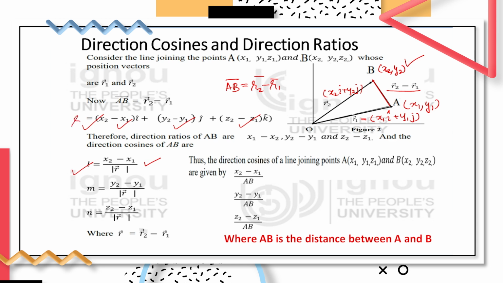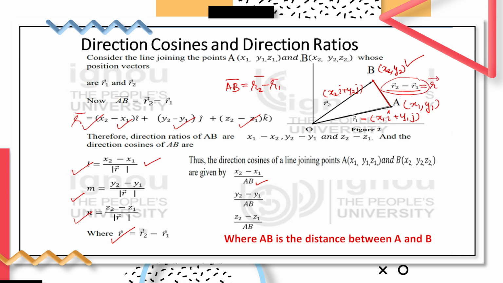What is magnitude of r? That is magnitude of AB. So, x2 minus x1 upon magnitude of r is equal to direction cosine L. Similarly, m is equal to y2 minus y1 upon magnitude of r, and similarly n is equal to z2 minus z1 upon magnitude of r, where r is equal to r2 minus r1. This is equal to vector r.